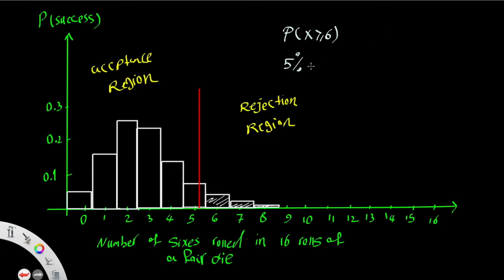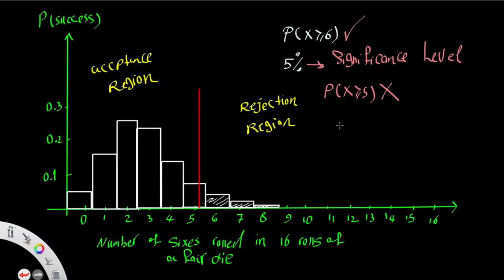Now, if we choose this 5% as a significance level, then the probability of x greater or equal to 6 is completely in the rejection region, but the probability of x greater or equal to 5 is not completely located in the rejection region.